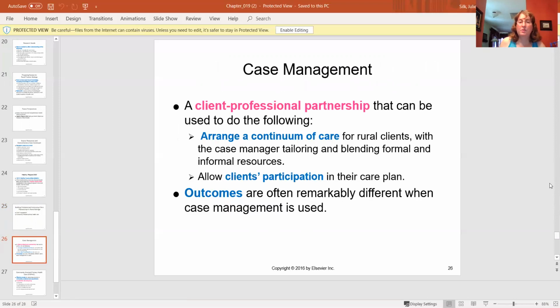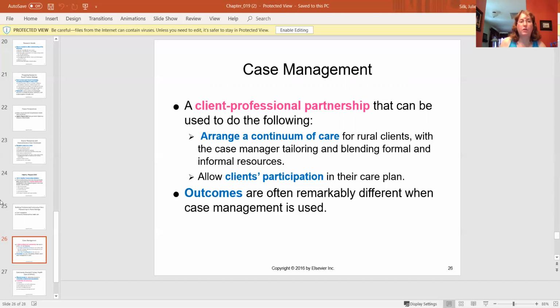So when we talk about case management, a client professional partnership can be used to do the following. You arrange a continuum of care for rural clients, with the case manager tailoring and blending formal and informal resources. It also allows clients participation in their care plan. Outcomes are often remarkably different when case management is used.